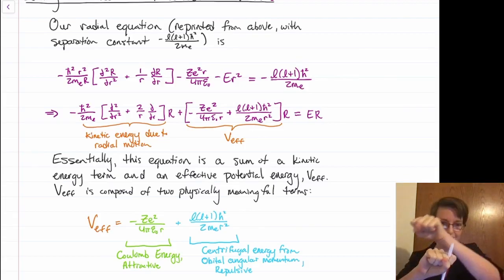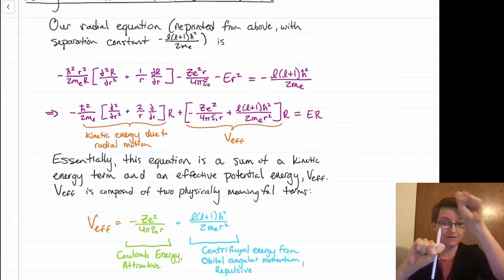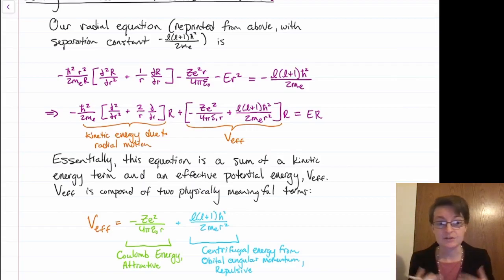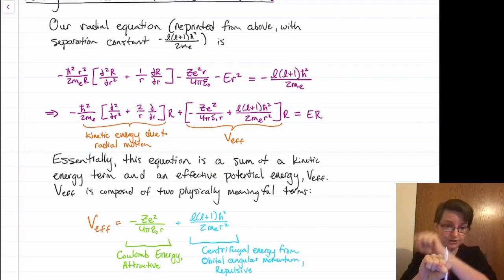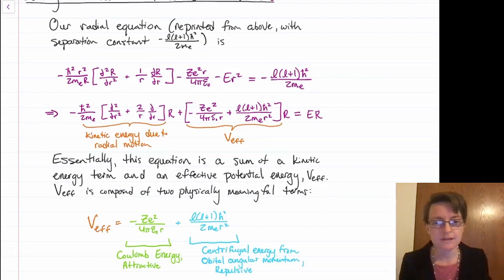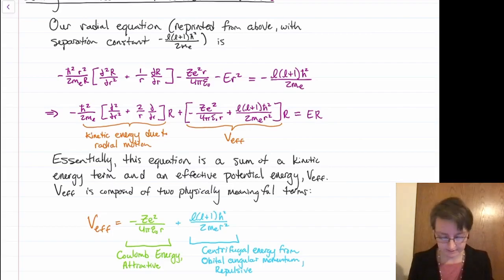As our electron is rotating around the nucleus, there is a force that's exerted as it rotates around. It's due to the angular momentum of the electron circling around the nucleus. So we call this term a centrifugal energy term, and notice that because the term is positive, this is a repulsive contribution to the effective potential that this electron experiences in a nucleus.